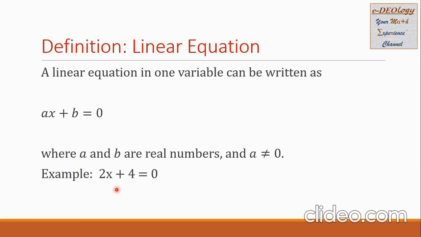Example is 2x plus 4 equals 0. The coefficient of x, 2, is the a and the 4 here is the b.